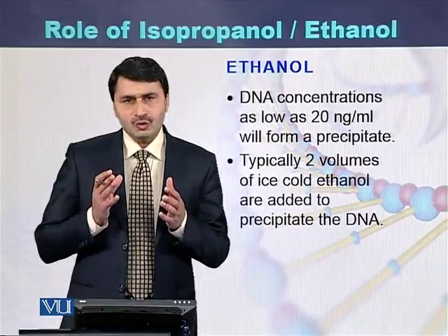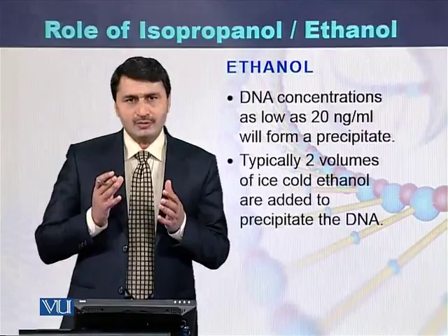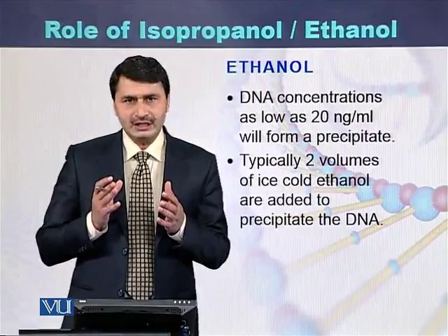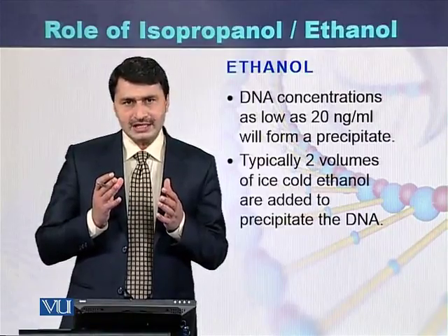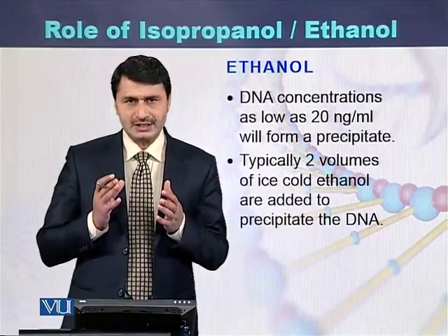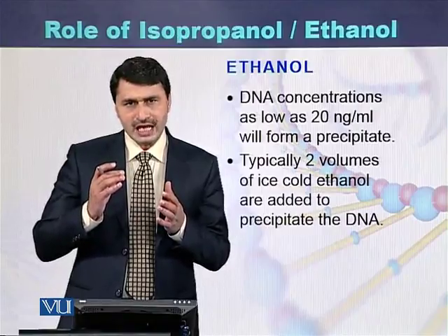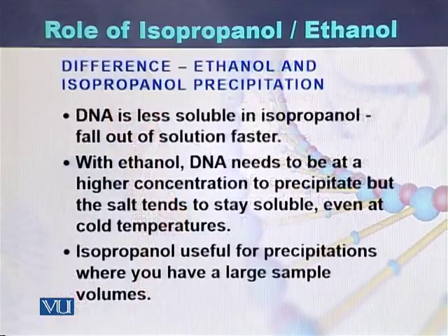Typically, 2 volumes of ethanol are added to 1 volume of the DNA solution. So a double volume is added to the volume of the solution in which DNA is present. So ethanol is a double amount. In a double amount, ethanol is added to that solution.